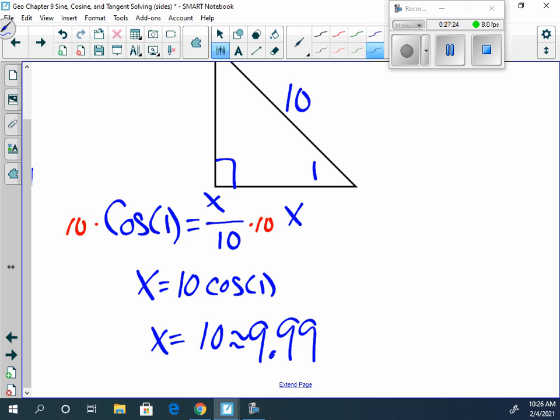And 1 degree, even though it doesn't look like it there because that's not actually 1 degree, 1 degree is actually tiny, tiny, tiny. I'll use this here, because it might be hard to see.